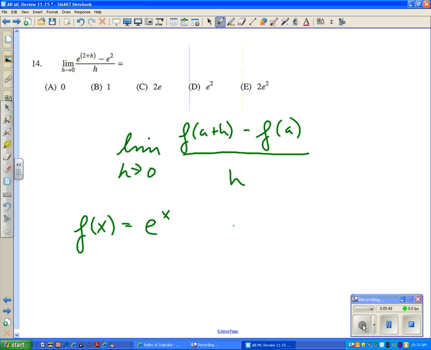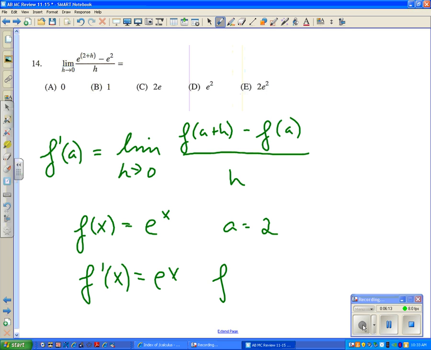And our a is at 2. So we're saying the derivative, at any a, equals that limit. And so we're talking about finding the derivative of e to the x. And of course, e to the x, its derivative is e to the x. And if we evaluate the derivative at a particular value 2, we're going to get e squared. So the answer here is D.